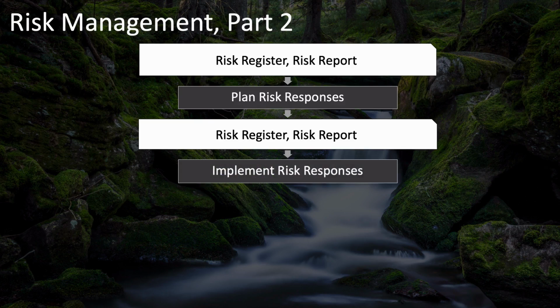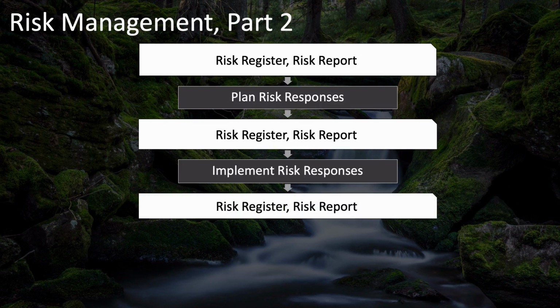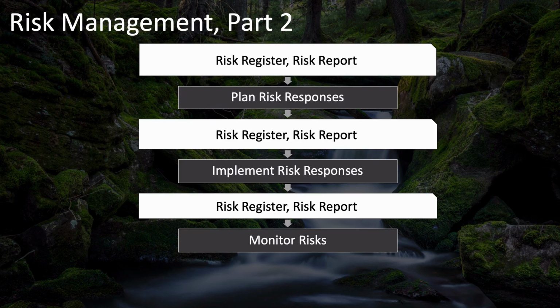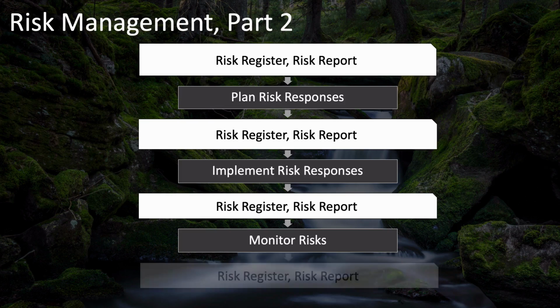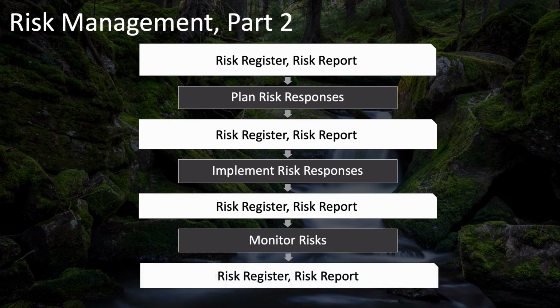The output, again, is that you update your risk register and risk report with the results of implementing your risk responses. And these are input to your monitor risks process. And your monitoring activities update your risk register and risk report. Notice that it's always the risk register and risk report that contain the updates of all of these processes.